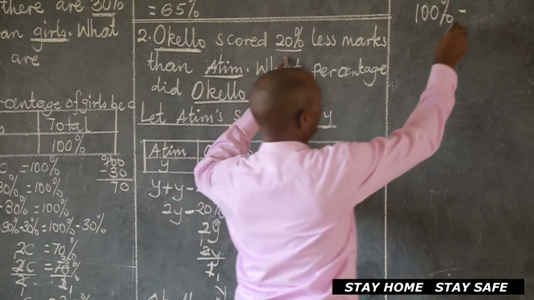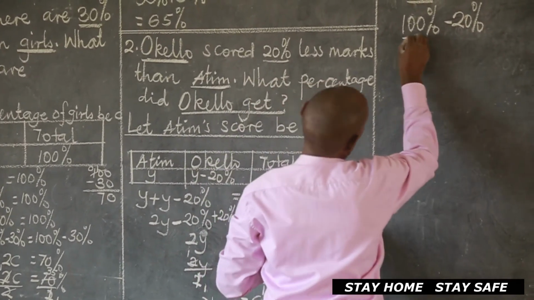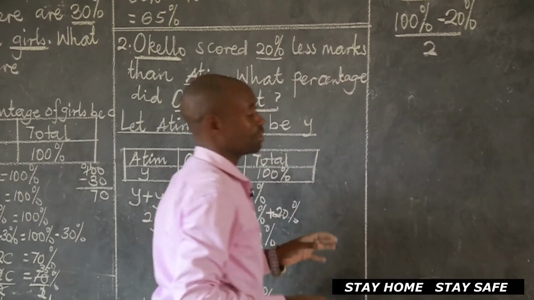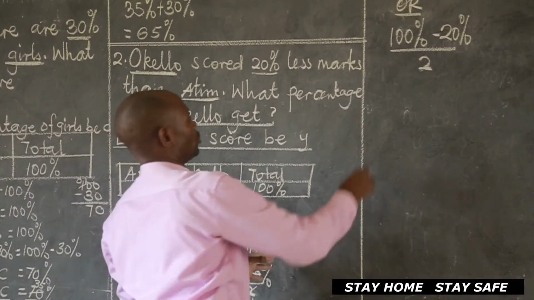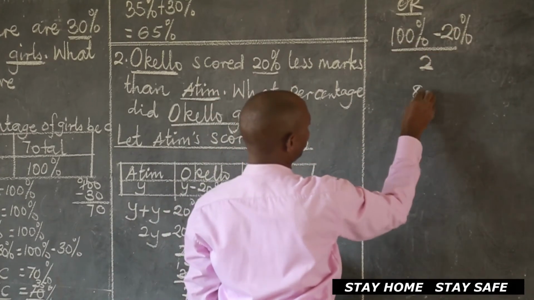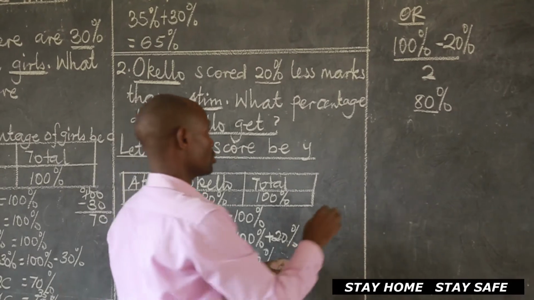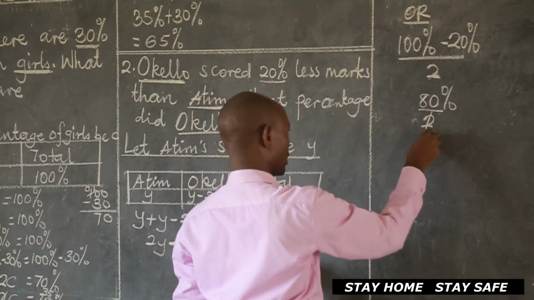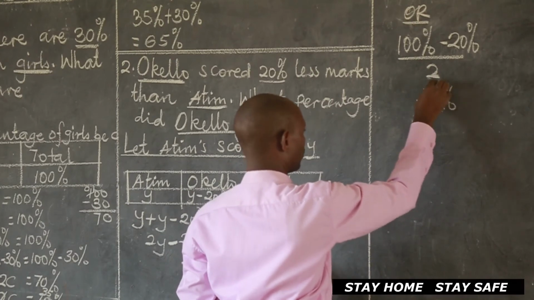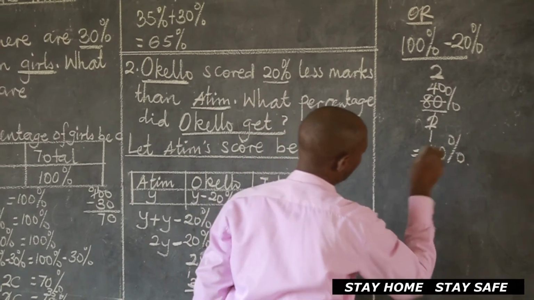So you take away 20%. Then you divide by 2. When we do that, we shall get the equal percentage. So this one is going to give you 80%, which should be divided by 2. So the equal percentage is 40.